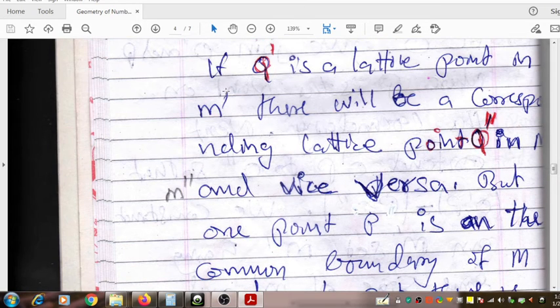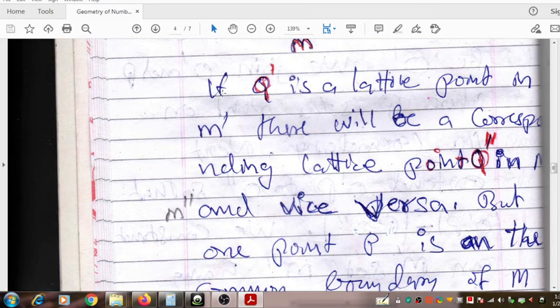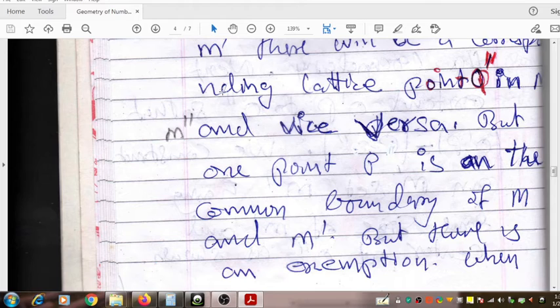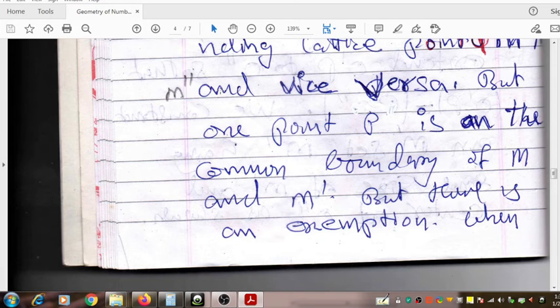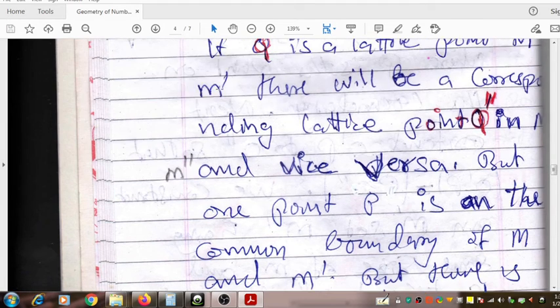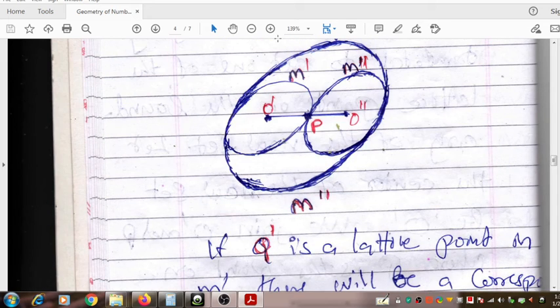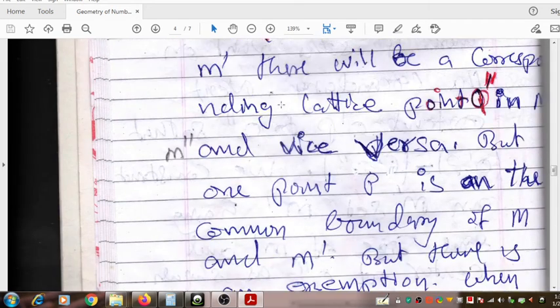I made a mistake by calling it a lattice point; it is the M set. The number of lattice points in both M sets must be the same.